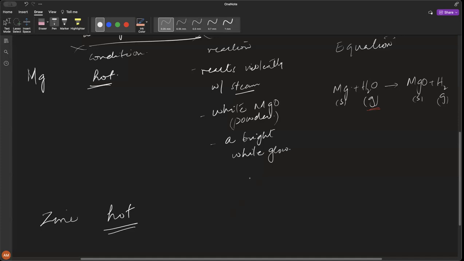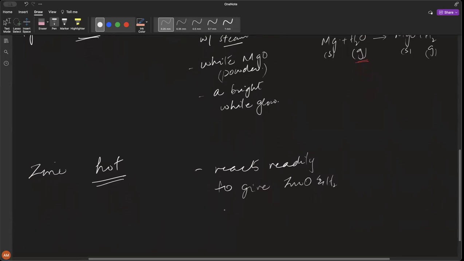So the zinc reacts readily to give zinc oxide and hydrogen gas.